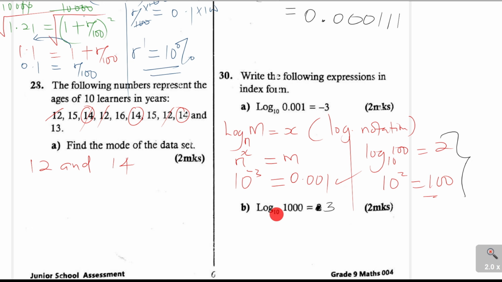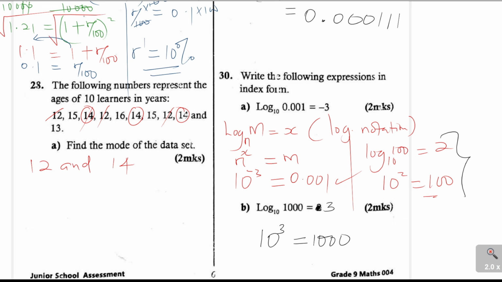This is 10 to power 3. 10 to power 3 should give you 1,000. So a bit of correction there.